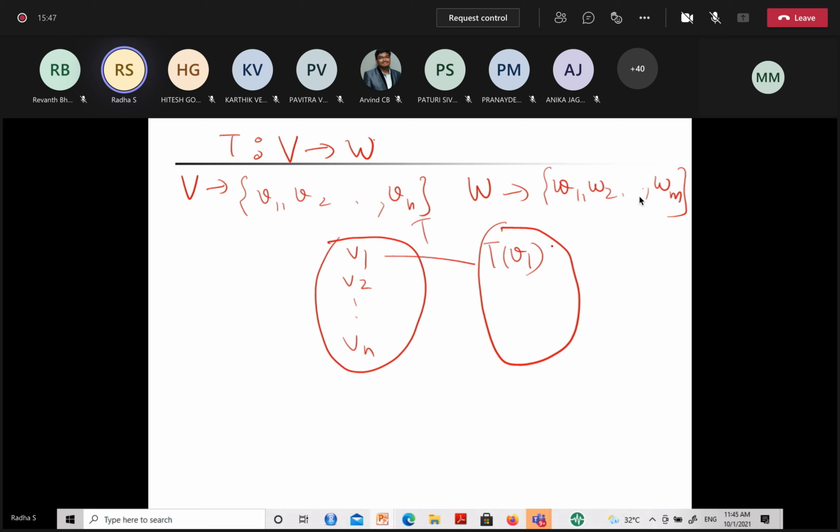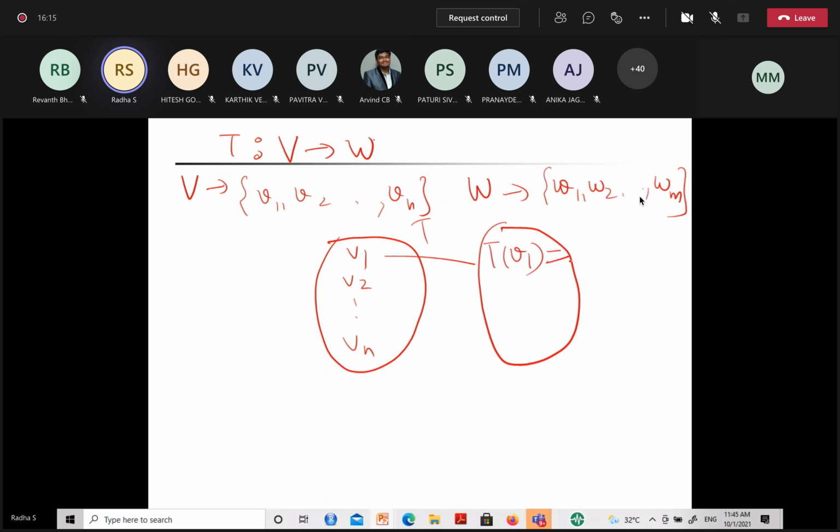Always trace about basis elements. Just try to find where the basis elements go. Whenever you find out about the basis elements, automatically you can say about the other elements, because the other elements are in terms of basis elements, right? So V1 goes to T of V1.